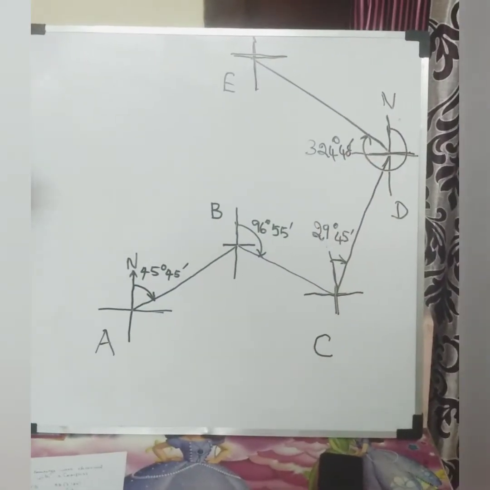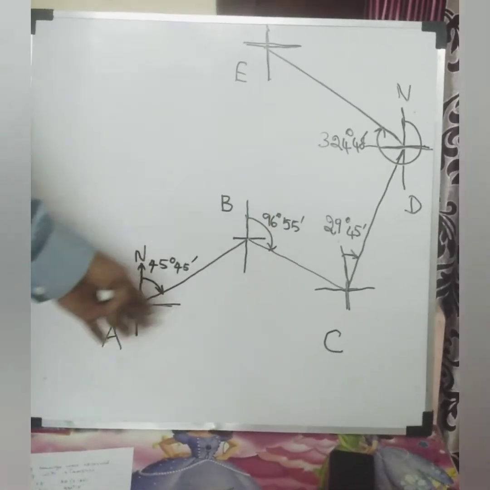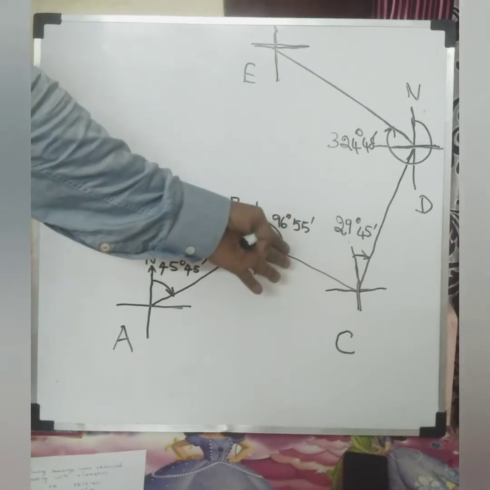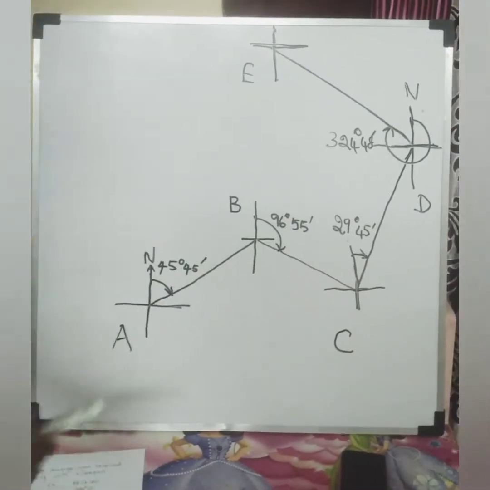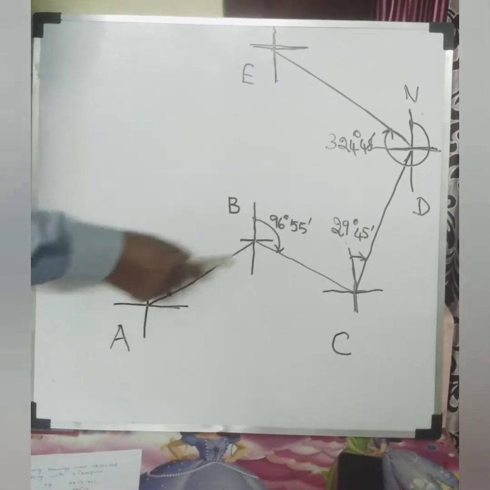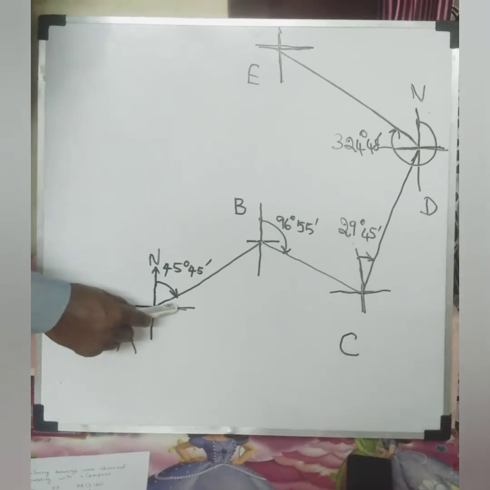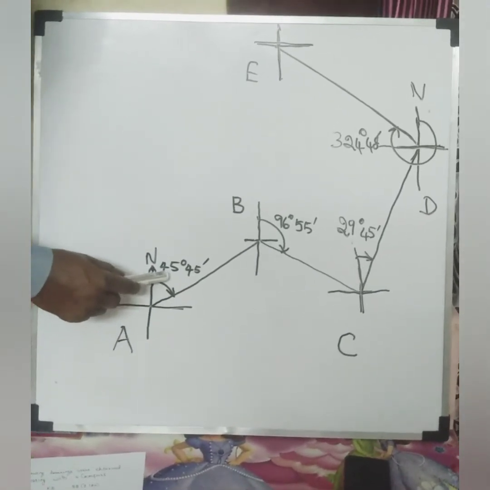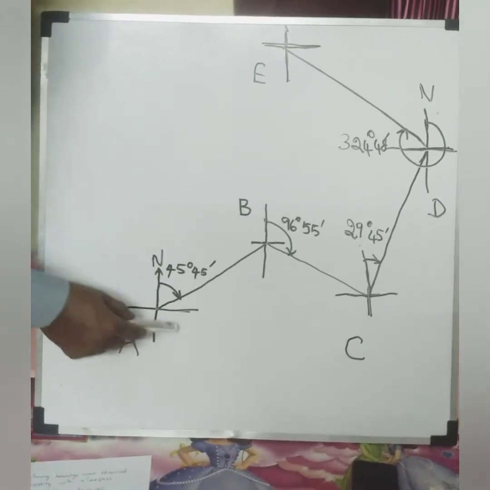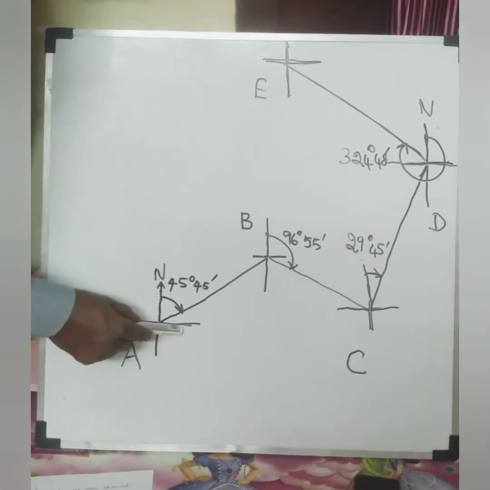The given traverse, the forebearings observed by using the compass, is plotted in the traverse. The starting station A, from A 45 degree 45 minutes towards B, the first line AB lies in the first quadrant, because the observed forebearing is 45 degree 45 minutes, an angle between 0 to 90 degree.